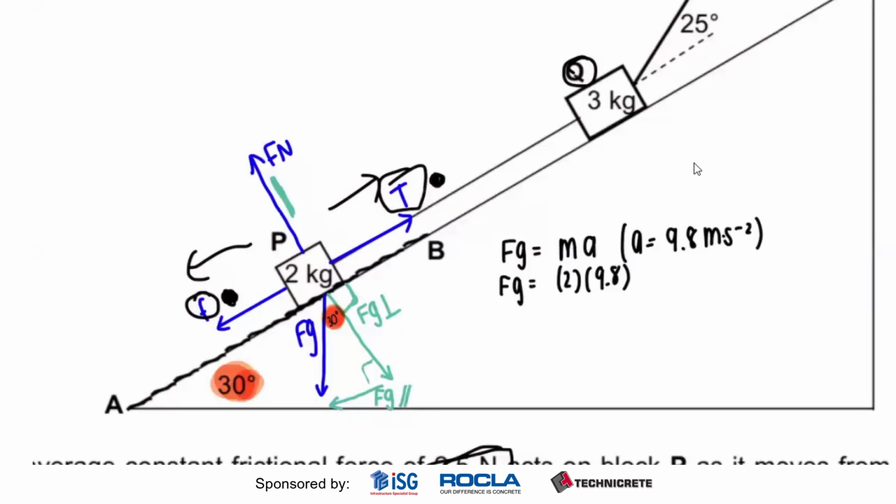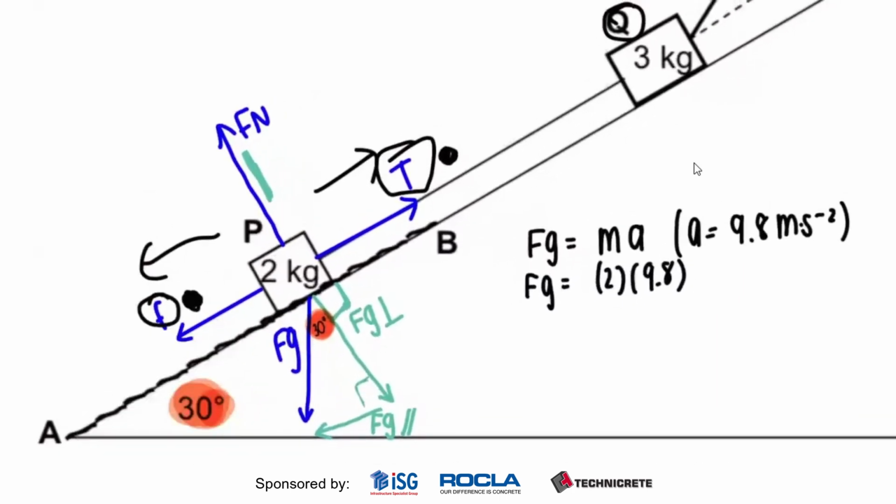So to do this, we are going to remember that sine of an angle is opposite over the hypotenuse. So sine of 30 is FG parallel over the FG.